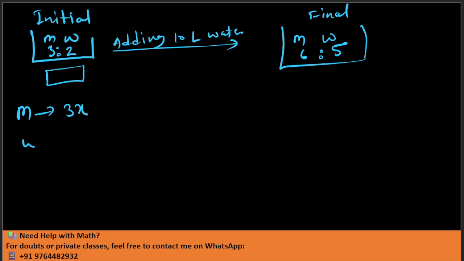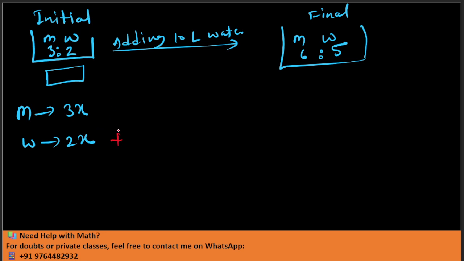And water, I have to take 2x. All right, so this was the initial quantity of milk and water. Now I am adding 10 liter of water to it. So this will be the final, right? Let me change the color.